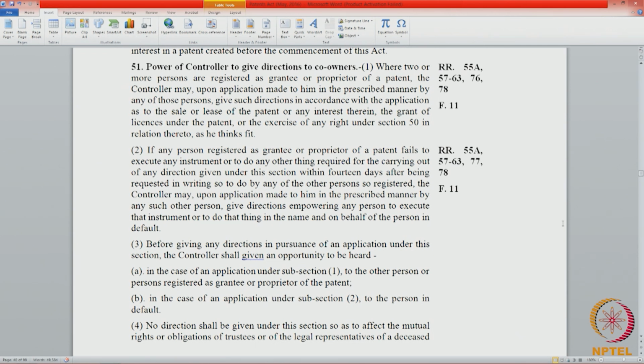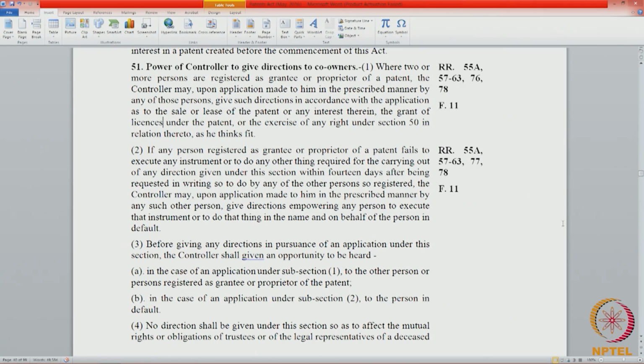B and C do not give consent for such a license. A can take a Form 11 and request the controller to issue directions, because the controller has power to issue directions with regard to sale, with regard to lease of a patent, any interest therein, the grant of licenses under the patent, or exercise of any of the rights under Section 50.